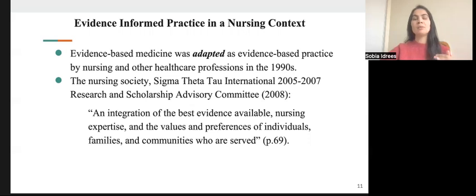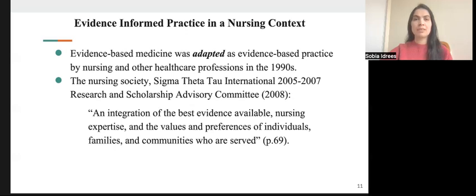So that is how the idea of evidence-based medicine or evidence-informed practice came into the nursing context. In the nursing context, it is the integration of whatever the best evidence available is with nursing expertise and, most important, another element: the values and preferences of individuals.